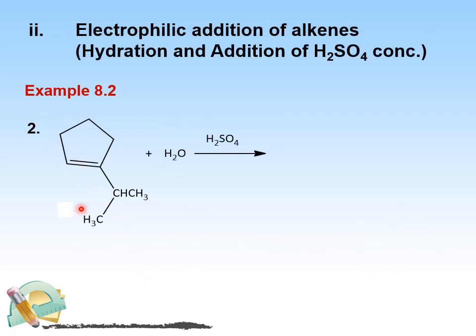The second example is the electrophilic addition when we are using sulfuric acid. We are also using Markovnikov rule here. So where is the double bond? It's here. So we should be able to draw how many hydrogen there is in the restricted carbon.